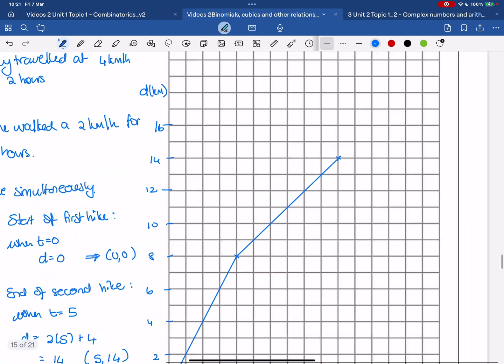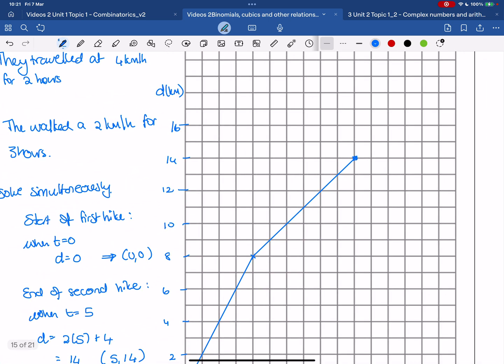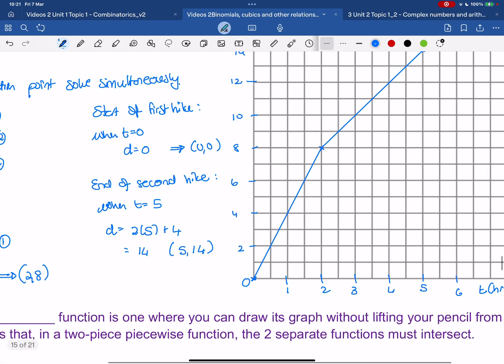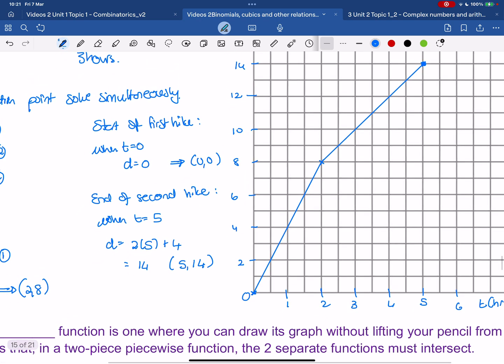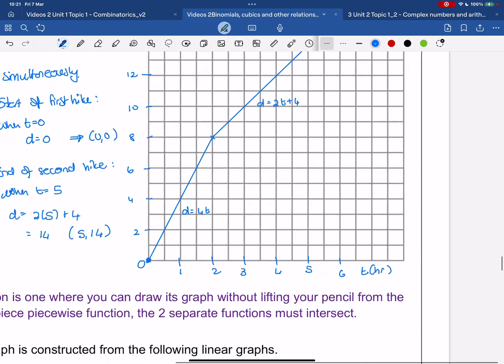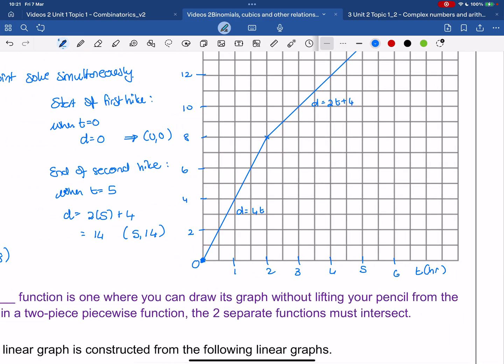Now they finish hiking there, so 14 is included. So I'm going to put a filled in circle there, and I'm going to put a filled in circle over here. This is d equals 4t, and this one is d equals 2t plus 4. And then they want us to write this as a single piecewise function.